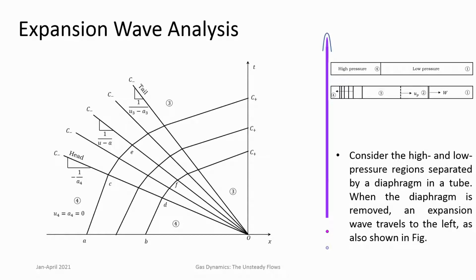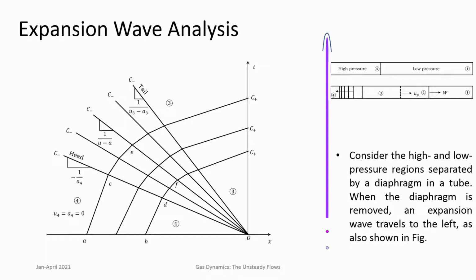Now if we want to solve any wave flow feature, then we have to see the total of both C plus and C minus characteristics.